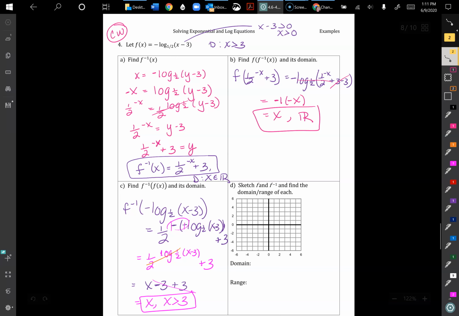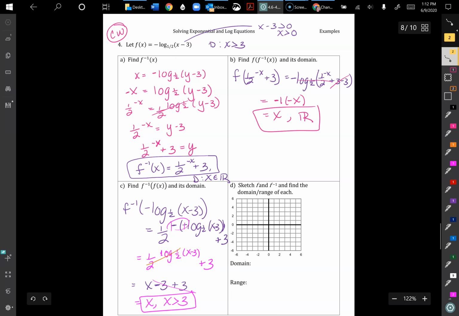So now part C is doing the reverse, the vice versa. So I plug my log function into my inverse, which is the exponential. So I have a half to the negative log base half of x minus 3, and then plus 3 down on the bottom here. That's not part of the exponent. So I have this negative of my coefficients, so that just becomes positive.